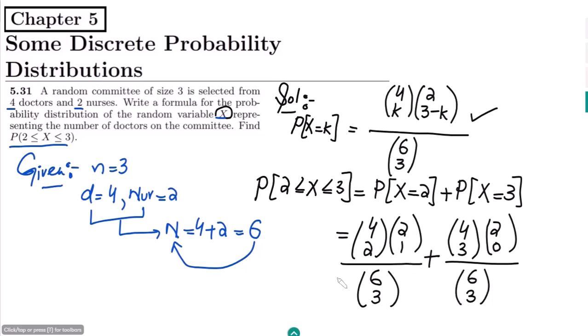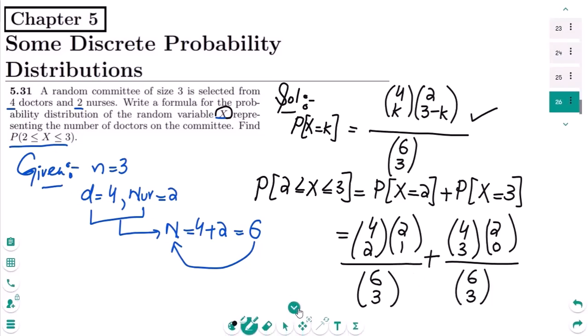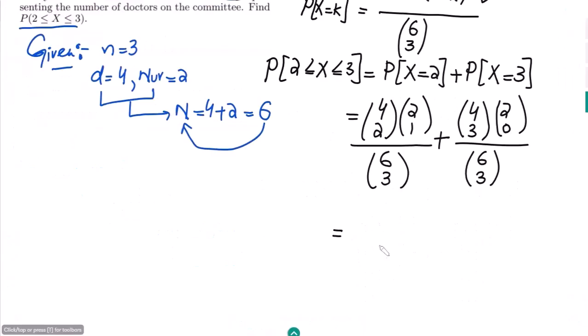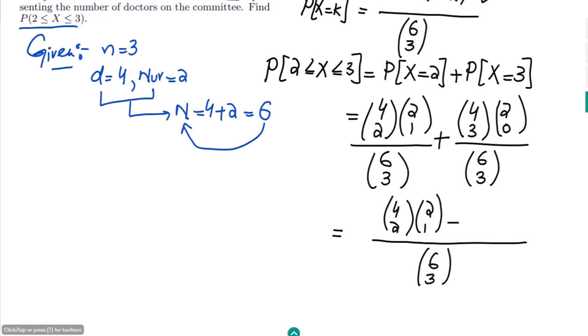Taking the LCM here, we will have 6 choose 3 in the denominator, and in the numerator 4 choose 2 times 2 choose 1, plus 4 choose 3 times 2 choose 0.